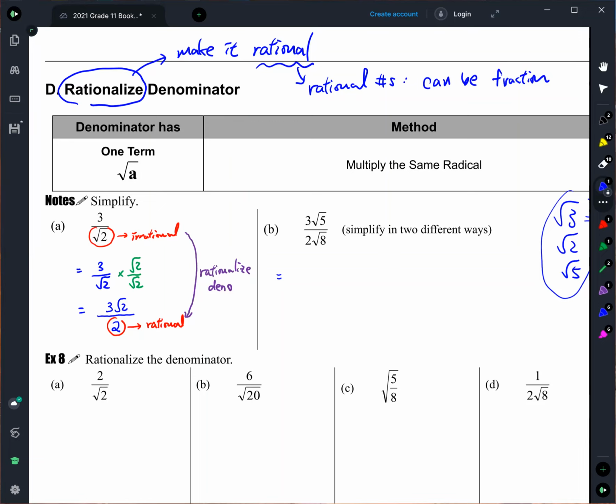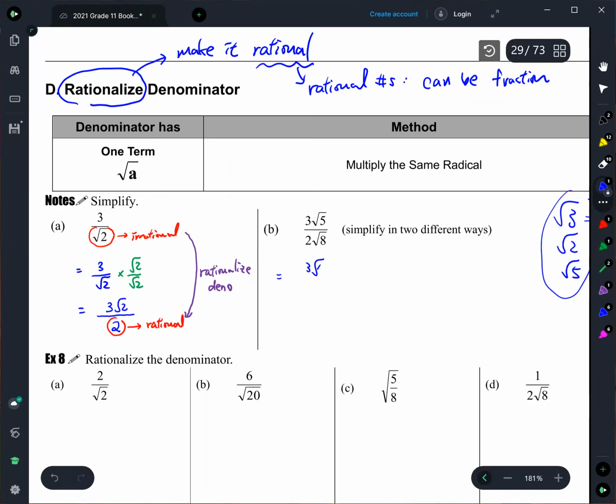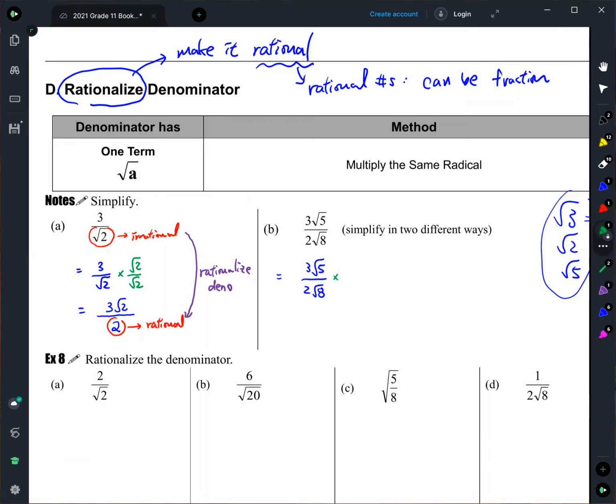Jenny? What do we need to multiply here for this question? You look at the denominator. We only want to rationalize the denominator. The 8 then. Yes, okay, square root 8.